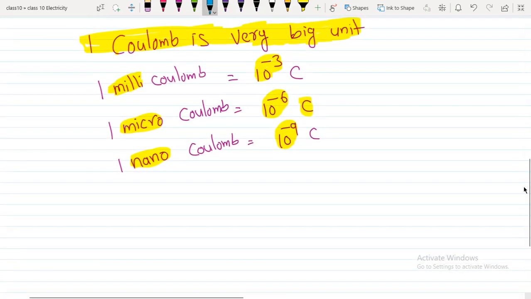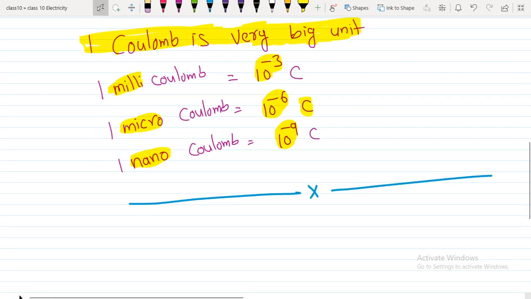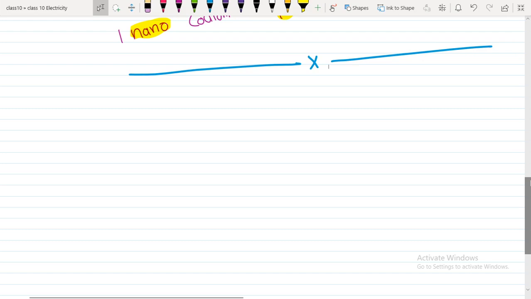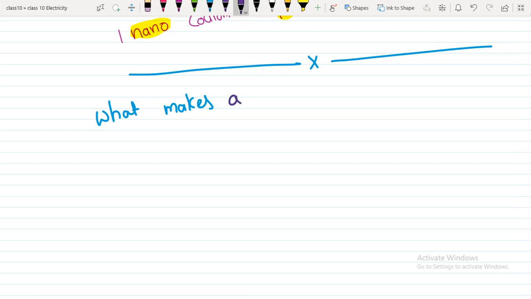Now in today's class, let us change the concept. Let me ask a question. What makes a charge move? How does a charge move?